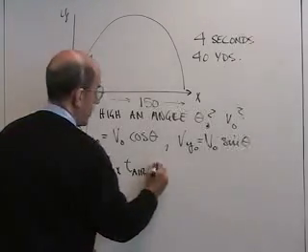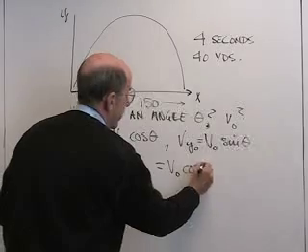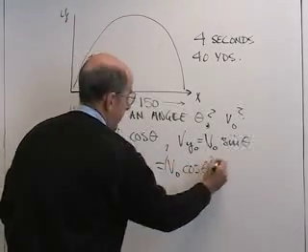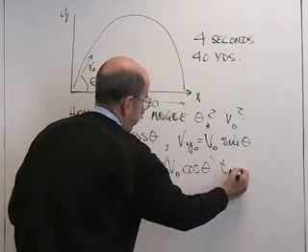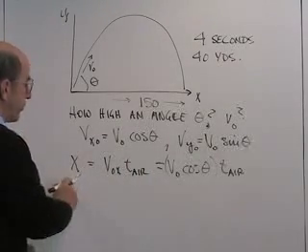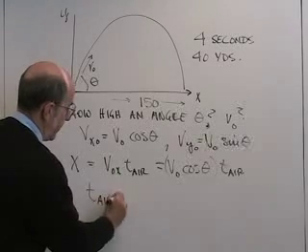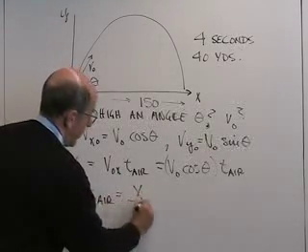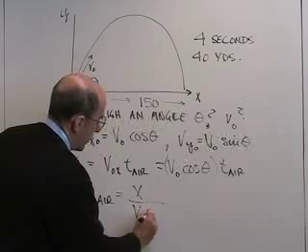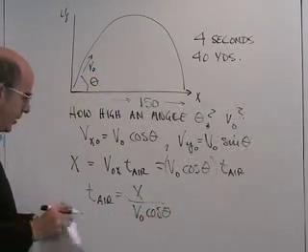Okay, so that's going to be equal to V0 cosine of theta times the time in the air. And so we can write the time in the air as a function of the distance. T air is equal to x over V0 cosine of theta. Okay?